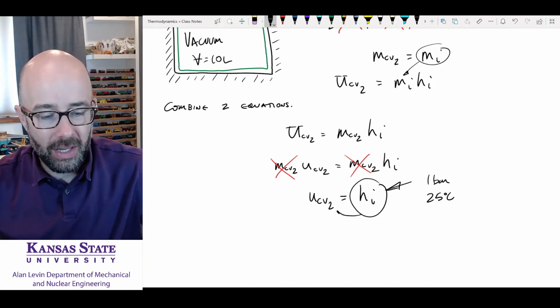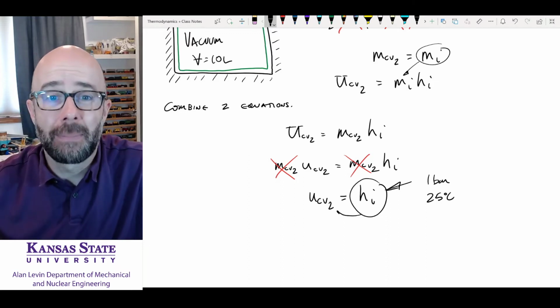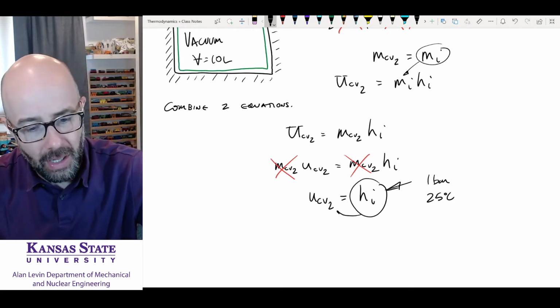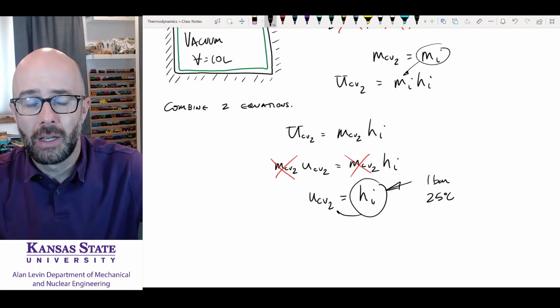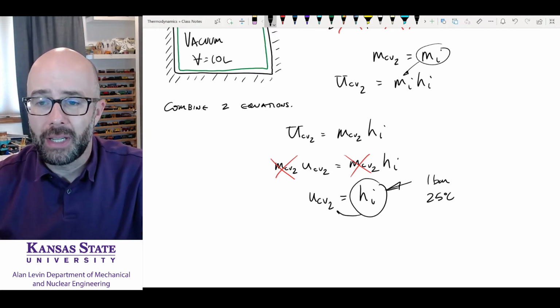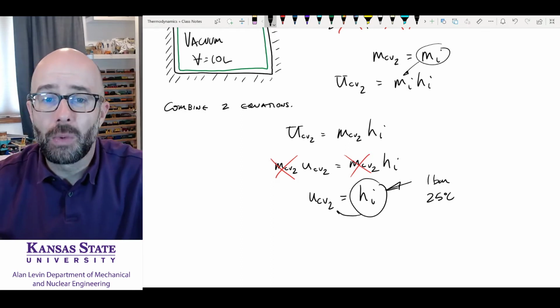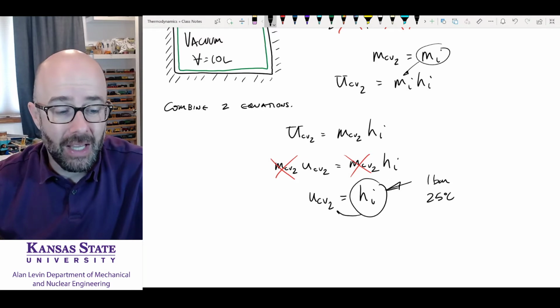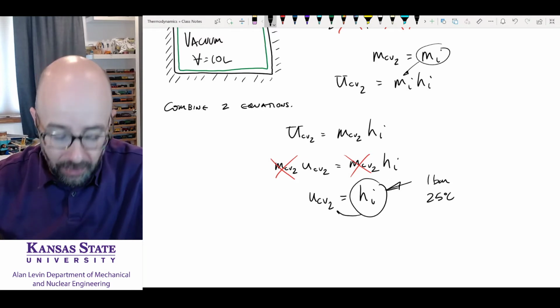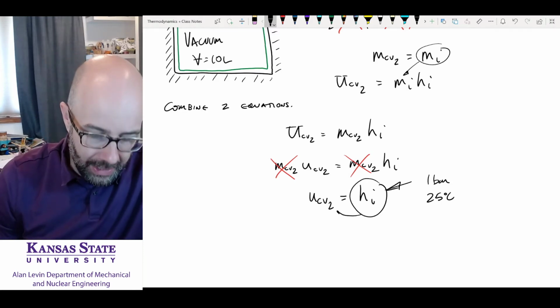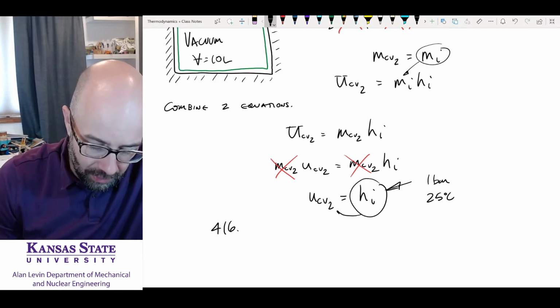And from there, we could figure out the final temperature, which is what we're looking for in this problem. So we could look up 1 bar, 25 degrees Celsius, say that's what the internal energy has to be, and then go down our tables and find where that is equal to. That is a nice way to do that problem. We would not be perfect here; there would be some interpolation that needs to happen. I've done this one already, and I get the answer 416.43 Kelvin. That's what we get if we look at the tables.